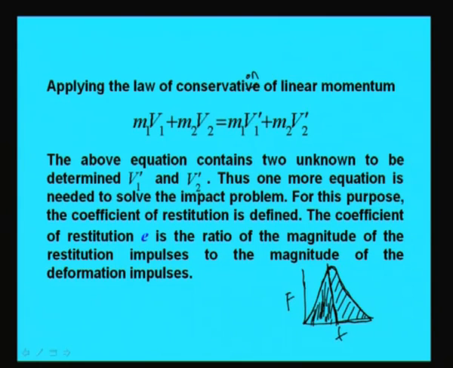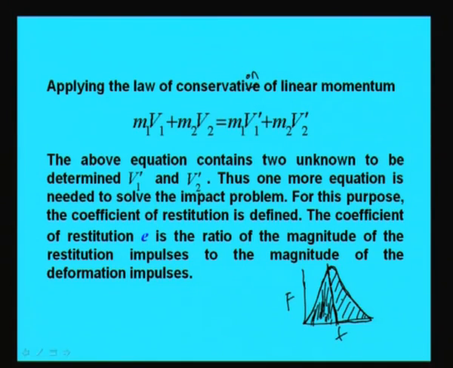The ratio of this area to that area gives the coefficient of restitution. If the contact is perfectly elastic, the deformation impulse will be equal to the restitution impulse. Whatever impulse you have applied, the same amount is recovered, and therefore the ratio becomes 1. Otherwise the ratio will be less than 1.